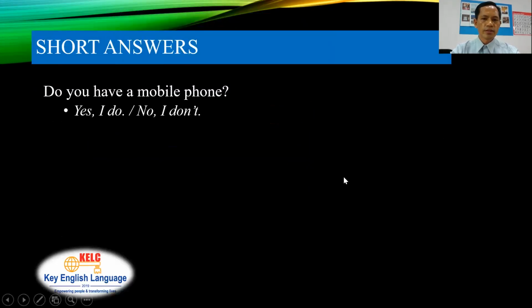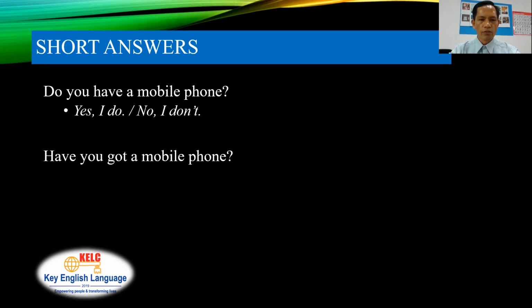In short answers, yes or no answers, when we use do you have a mobile phone, the answer is, yes, I do, or no, I don't. The question begins with do, and the answer is also do or don't. Have you got a mobile phone?